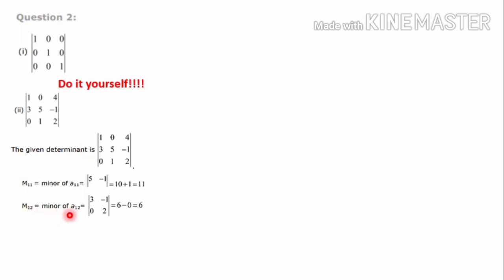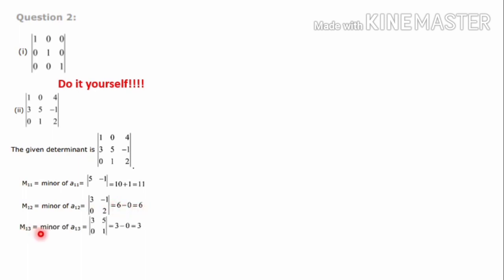Next M12, that is a minor of the element A12. A12 is this element, that row and column is gone. Balance elements 3 minus 1 0 2. Calculate the value of the determinant, that is 3 into 2 6, 0 into minus 1 0. 6 minus 0, that is equal to 6.